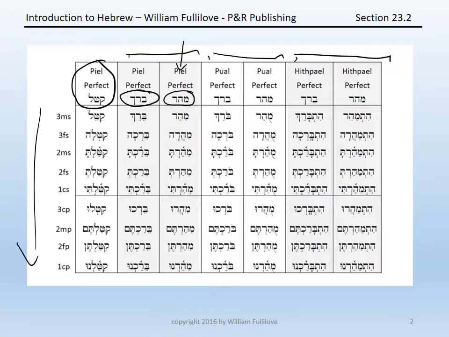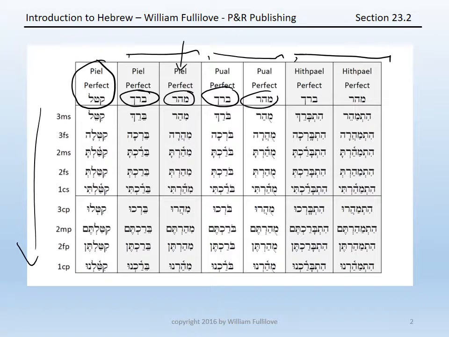The Pual will show a very similar set of tendencies, just with different sounds because we're now working with Pual instead of Piel. With Barak, where you have compensatory lengthening, in other words, the qibbuts of the Pual will lengthen to a holem, you would have Borak, Boraka, Borakta, Borakt, Borakti, Boraku, Boraktem, Boraktem, Boraknu.